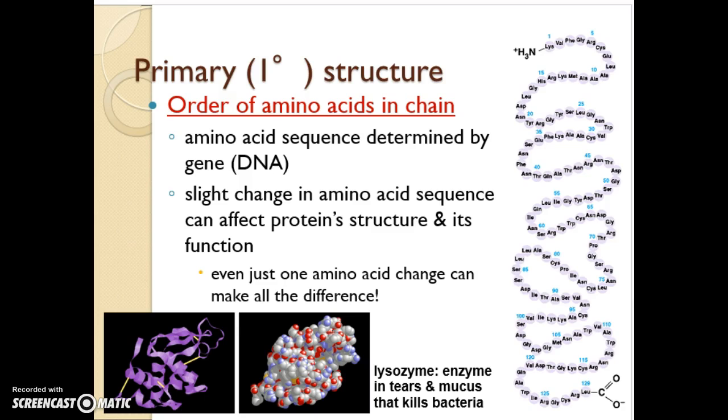So, of course, by your DNA, not by the random linking up of amino acids. Just a slight change in the primary structure can affect the protein's conformation and ability to function. Even just one amino acid change can make a huge difference.